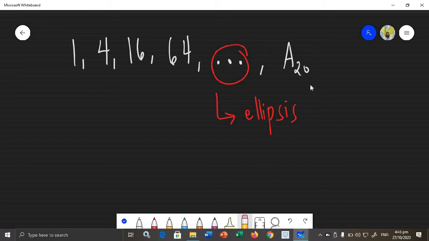But when all you see at the end of the sequence is an ellipsis, we cannot identify how many terms are in that sequence.